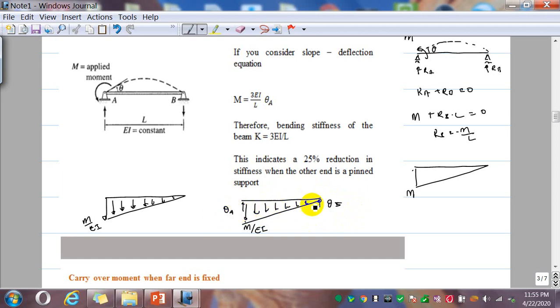The slope here is theta A, the slope here is theta B, and that is why I have marked these reactions as theta A and theta B. So if I balance, theta A plus theta B minus half into M over EI into L, that's the area, is equal to 0. So theta A plus theta B is M into L over 2 EI.